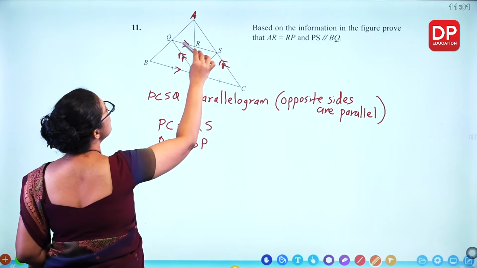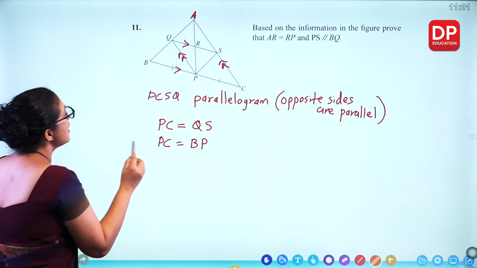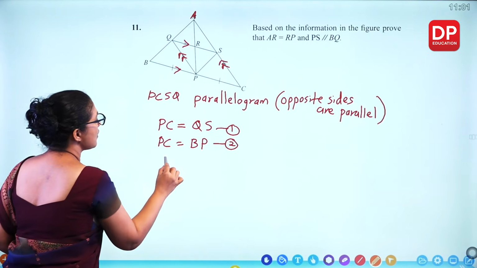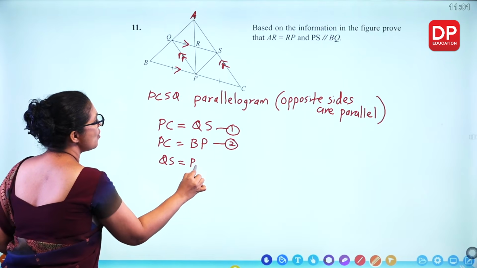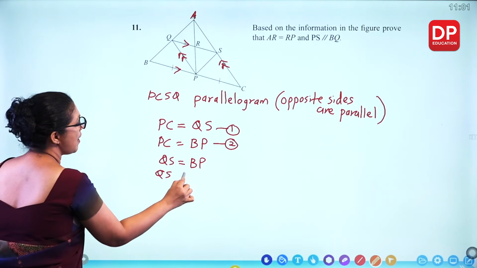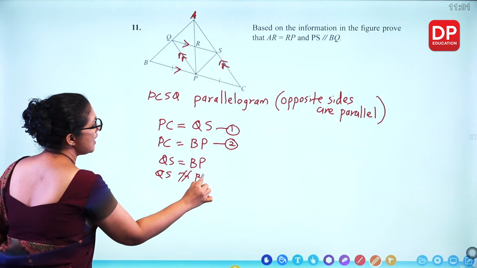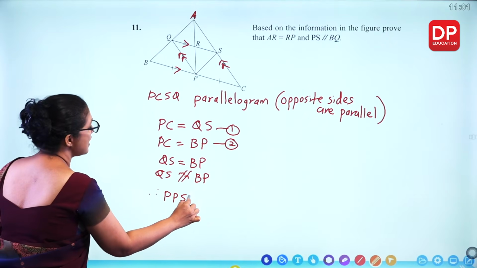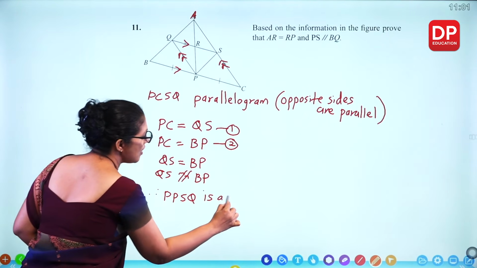So here also we can say, according to these two, QS is equal to BP, and also we know QS is parallel to BP. Therefore, BPSQ is a parallelogram.